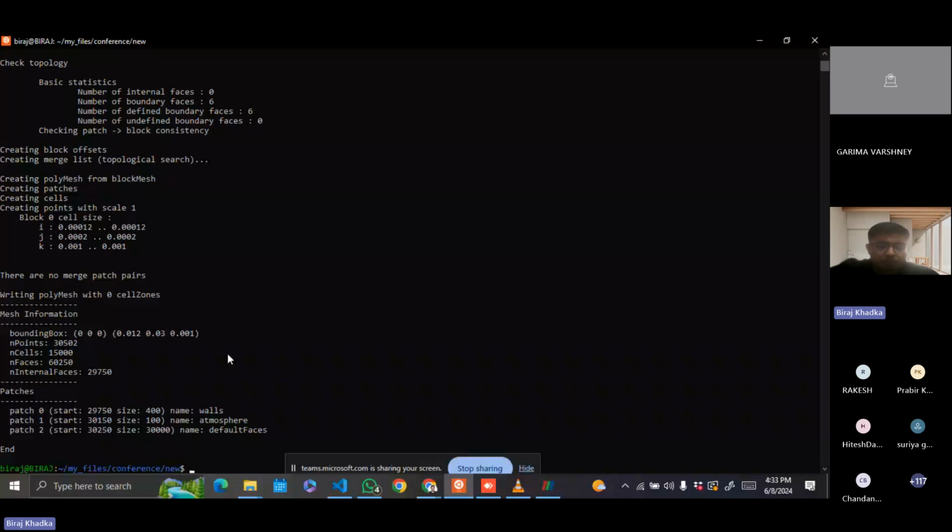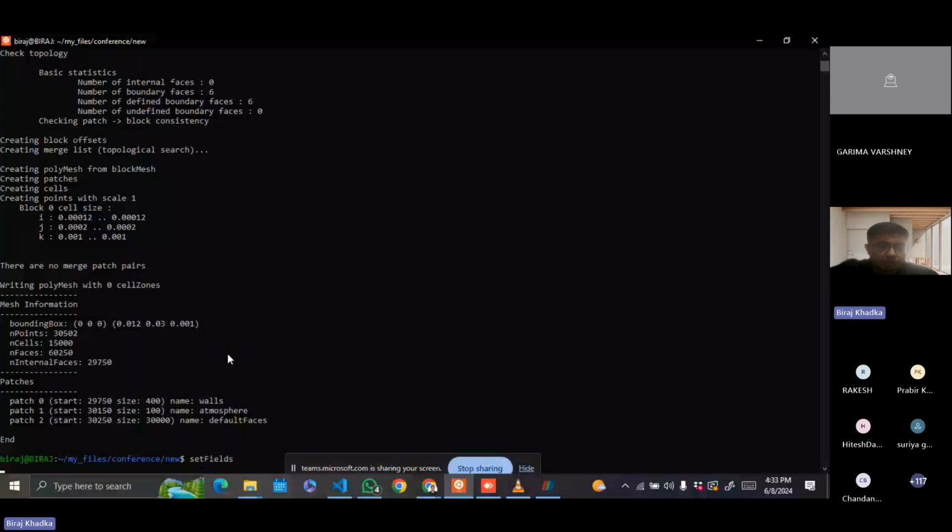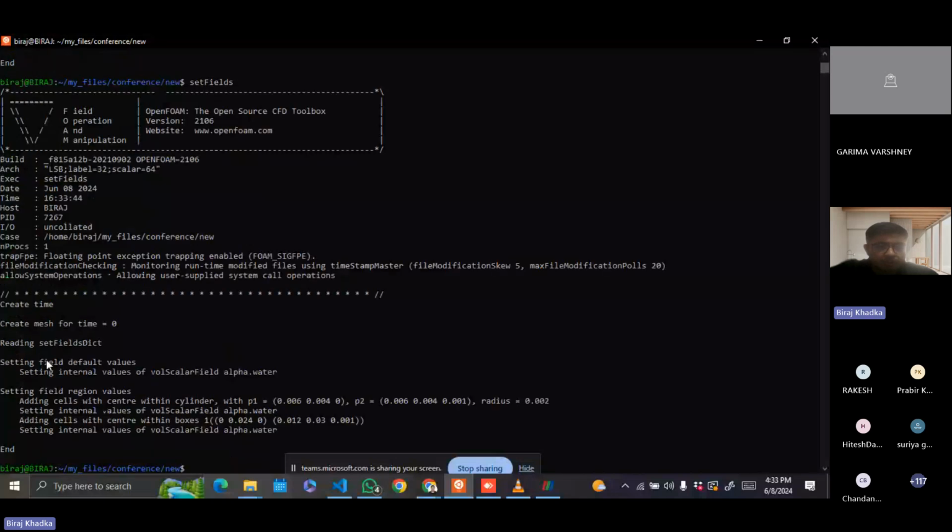After that, we set the fields. In order to do that, we use the command setFields. First of all, alpha water is initialized in the whole domain, and we have also defined the cylinder and the boxes, in which the alpha water will be 0. And lastly, the interFoam command is applied.